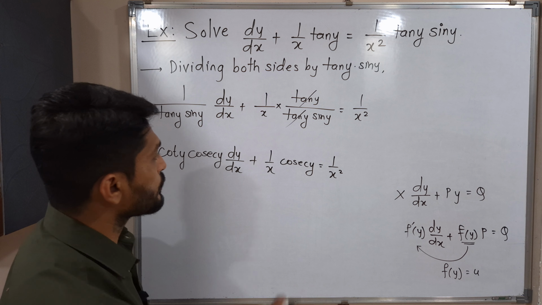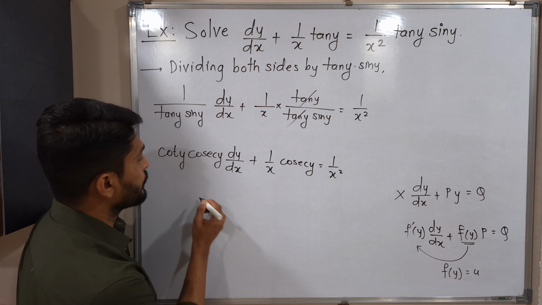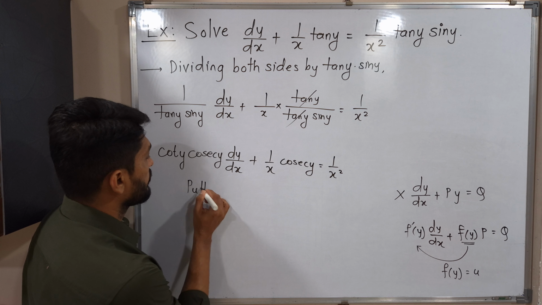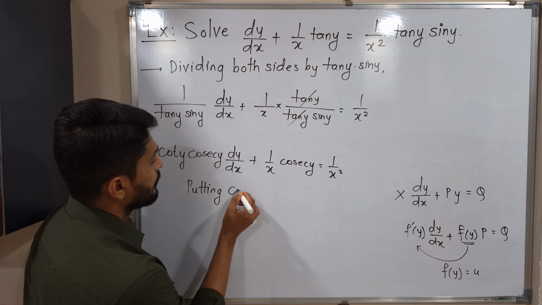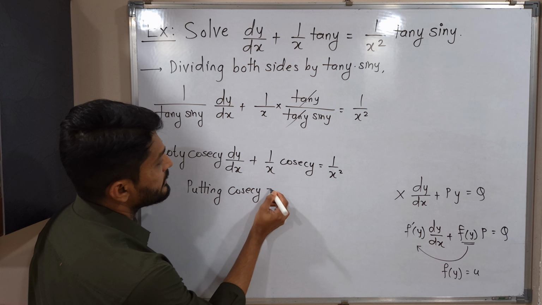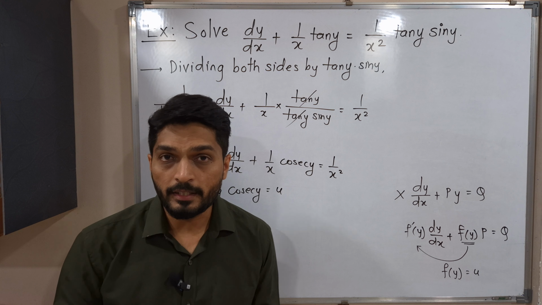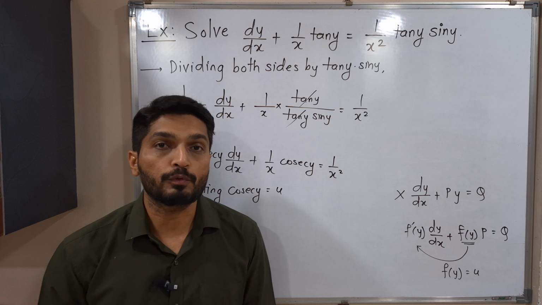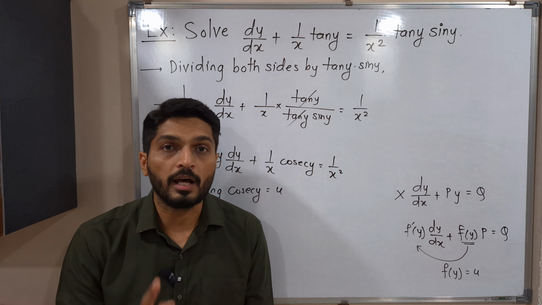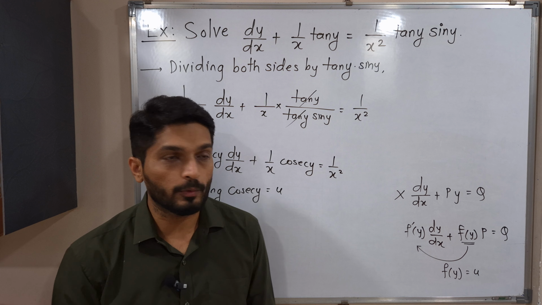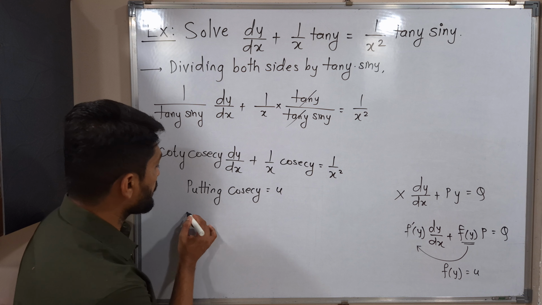So what is f of y? Cosec y. So let us put it as u, putting cosec y is equal to u. So when you put anything, in case of integration or in case of differential equation, our first task is to find its derivative. Let us find the derivative. What is the derivative of cosec y?